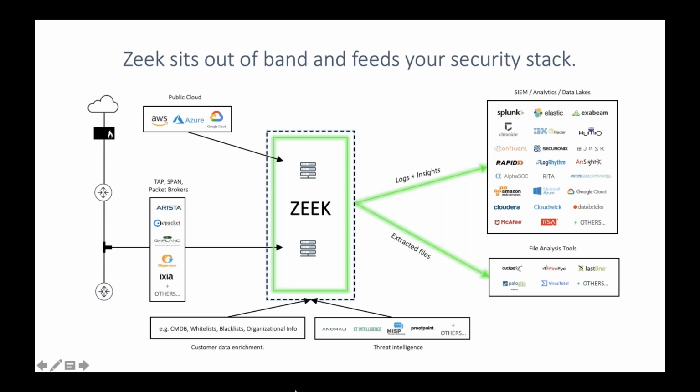And just from a brief architectural perspective, how does this all work? We sit out of band. You need to feed us packets, typically by way of a packet broker like a Gigamon or an Ixia, et cetera. We'll take a span or a tap off your route switch infrastructure if that's easier.